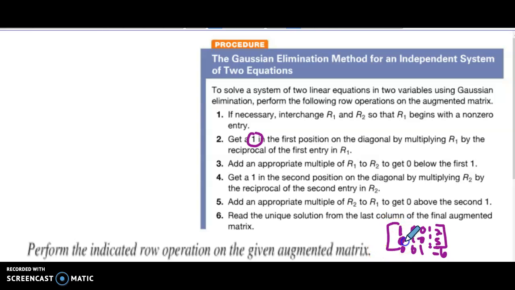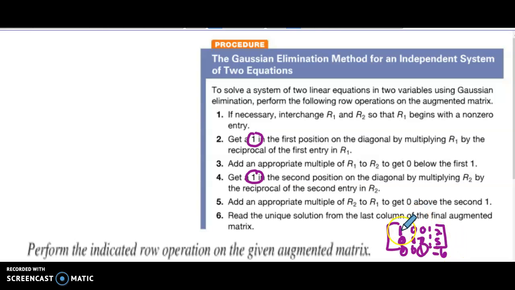Then we want to get all the zeros underneath it. Then we want to get a 1 in the second row, which would be here. And then we get the zeros above and underneath it. And then we get another 1, and then we get the zeros. So that's how you have to go through the steps so that you're not undoing steps along the way.